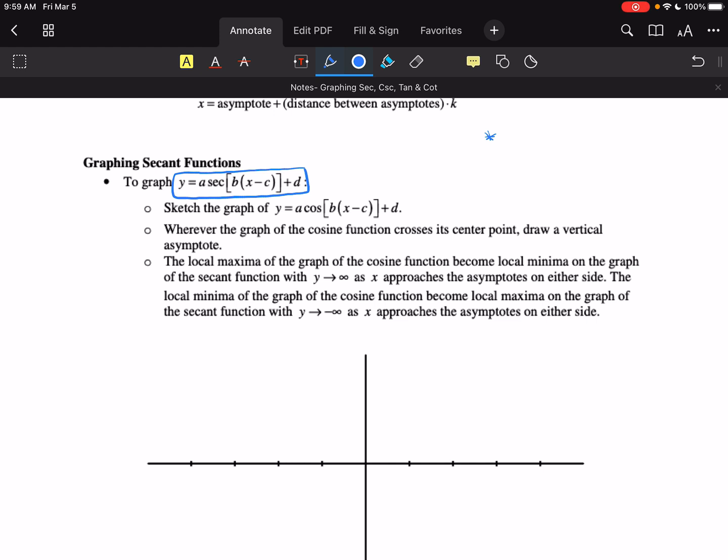So we're still going to identify A, but it's important to note it acts similarly to my amplitude, but it is not actually an amplitude.